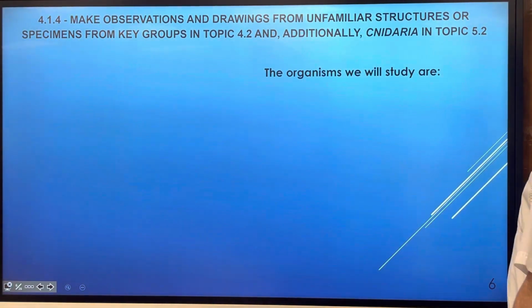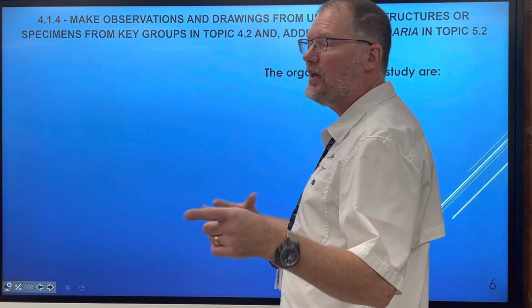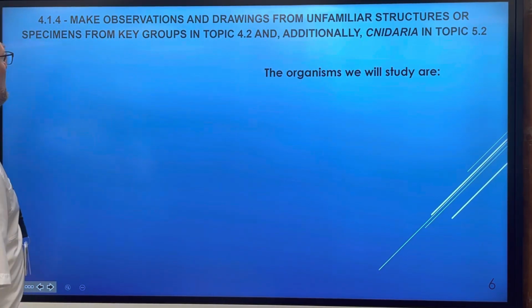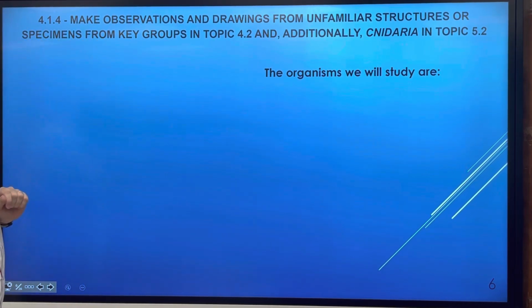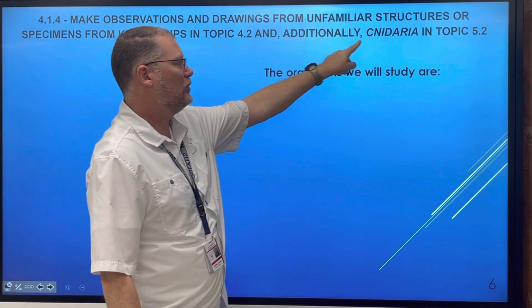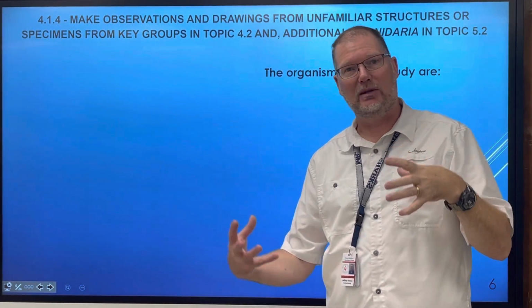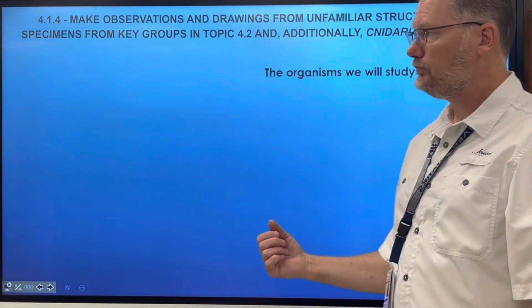Okay. So we're going to be making observations and lots of scientific illustrations with our notes, from unfamiliar structures or specimens from key groups, and we're also going to do Cnidaria. Cnidaria are stinging celled organisms like anemones, corals, those kinds of things.